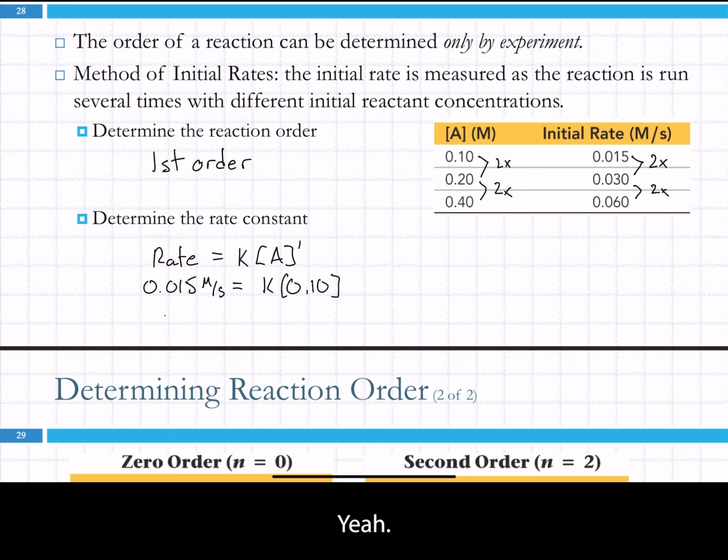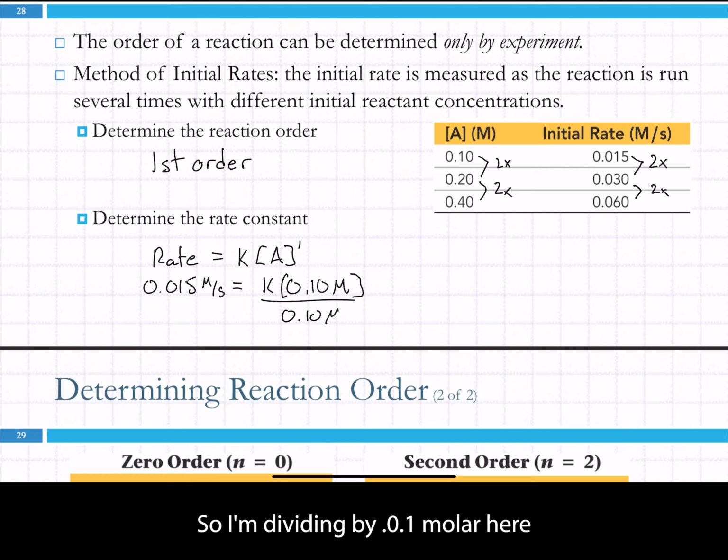Yeah, so 0.15. Oh, and actually, this is molar. I want to write this out, because I'm dividing by 0.1 molar. Here I'm dividing by 0.10 molar. What do the units end up being?